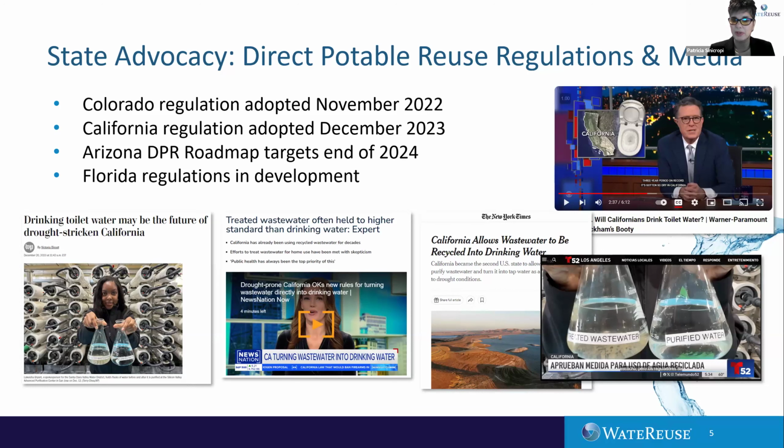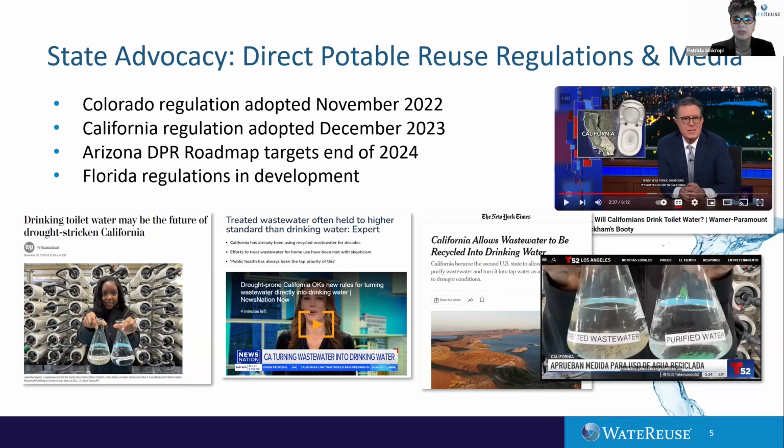You may have heard that many states are actually moving toward direct potable reuse. And this is primarily because we've proven that recycled water supplies can be safe for drinking water consumption.